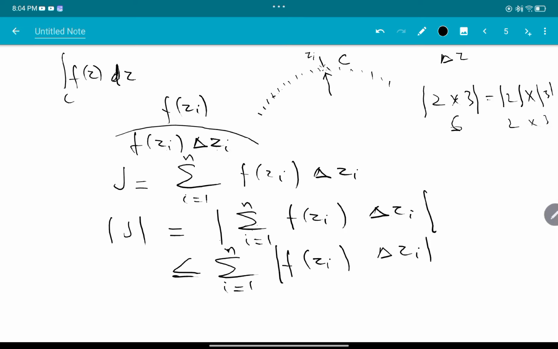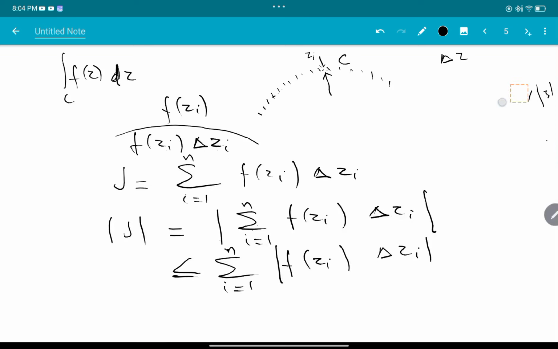Now do one more thing: 2 into minus 3 is equal to mod 2 into mod minus 3. Multiplying 2 and 3 gives minus 6, but mod of minus 6 is 6. 2 into mod of minus 3, which is 3, 2 times 3 is 6.